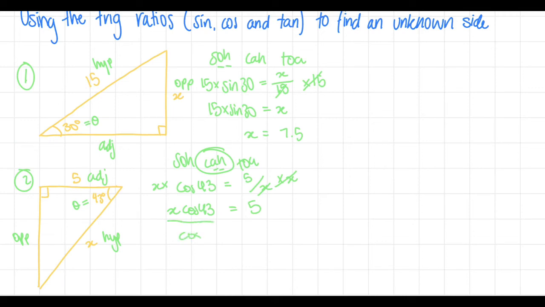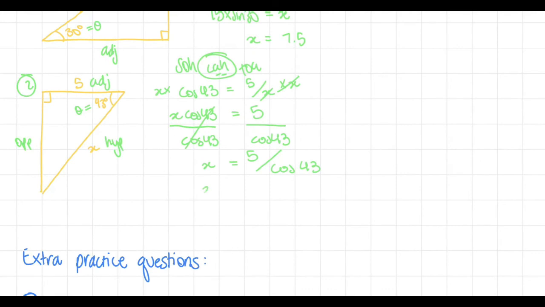So, divide by cos 43, and then these will cancel out, and we're left with x equals 5 over cos 43. Now, if we put that into our calculator, we get x equals 6.8, which is to 1 decimal place.